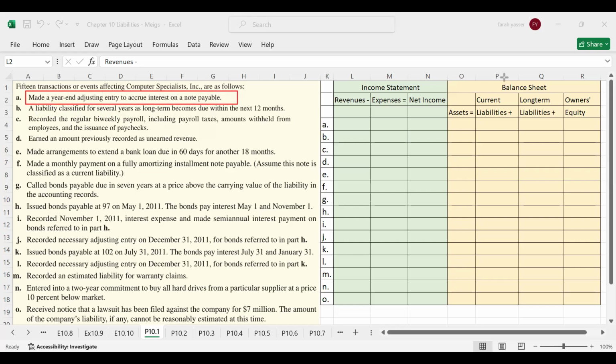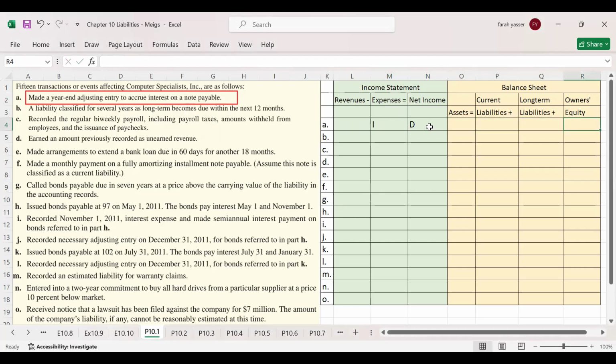So the impact of this transaction on income statement is expenses will be increased. So I for increase, and when expenses are increased, this means that net income will be decreased.